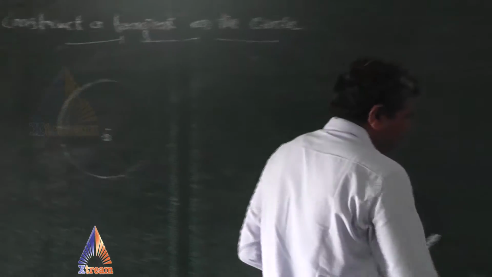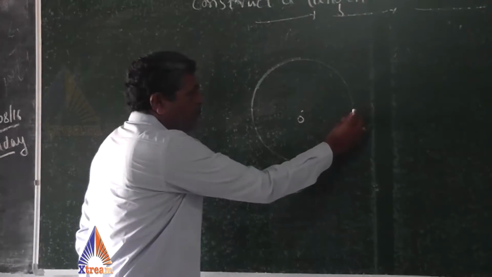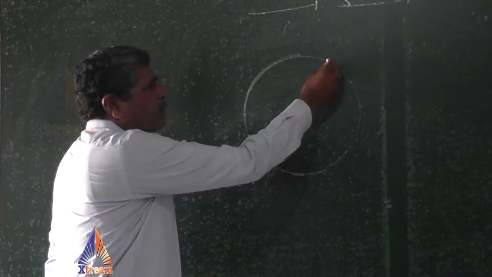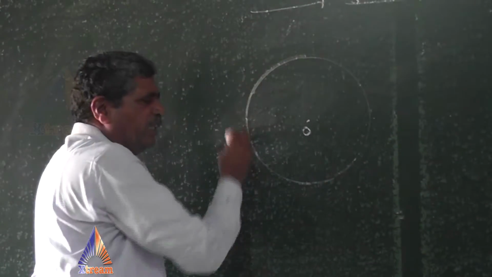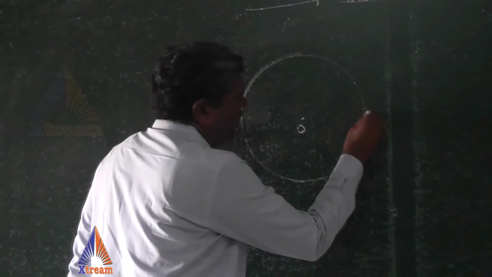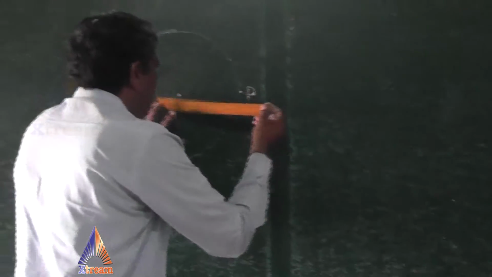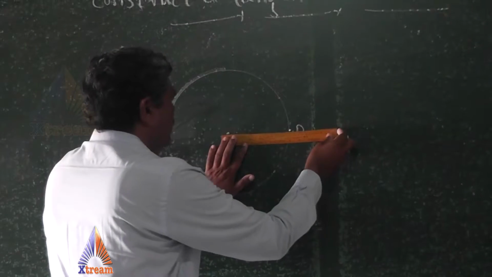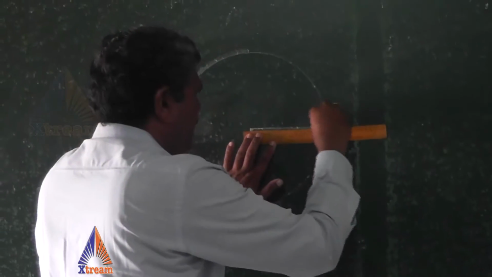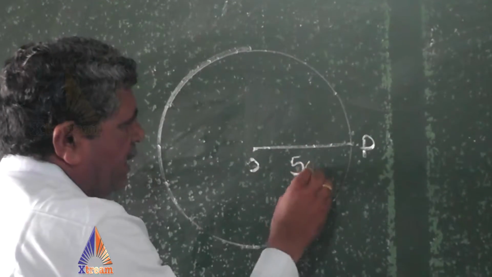Then you can mark a point anywhere on the circumference. One student chooses a point here, another chooses there, anywhere on the circumference. Now, select the point here, P. Then mark one radius. OP is the radius, so OP is equal to 5 centimeters.